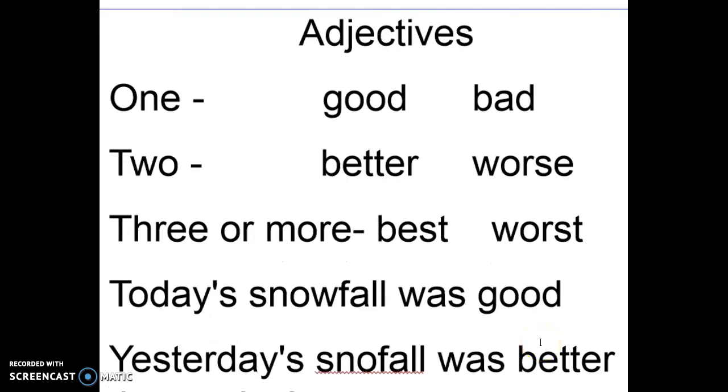If you're comparing two things, you're going to use better. Good is for one. If all you're going to say is that the noun you're describing is good, you use good. Comparing two nouns, you're going to say better. Comparing 3 or more, you're going to say best. Then you have adverbs.